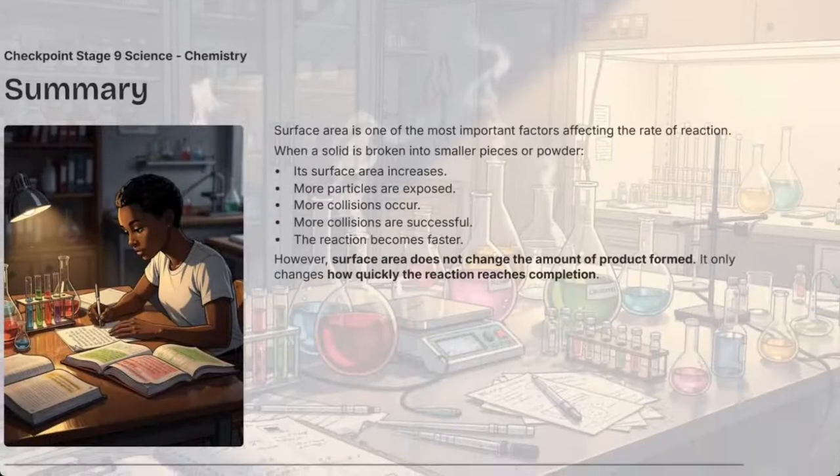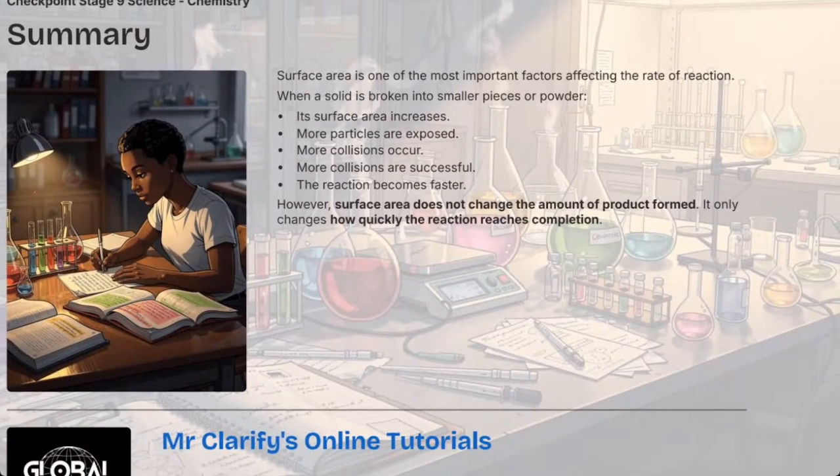All right. Here's a summary that I want you to remember, and you'll be good. Surface area is one of the most important factors. What we were studying was solids. How we can increase the speed of reactions is between two solids.